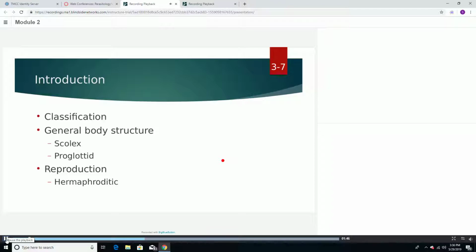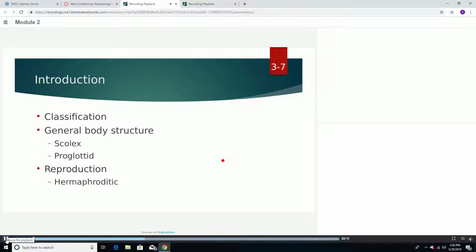We have the Cestoda, which are also known as tapeworms, and then we have the Digenea, which are known as the trematodes and flukes. Both of these classes are hermaphroditic, which means that they contain both the male and female parts in the same individual.